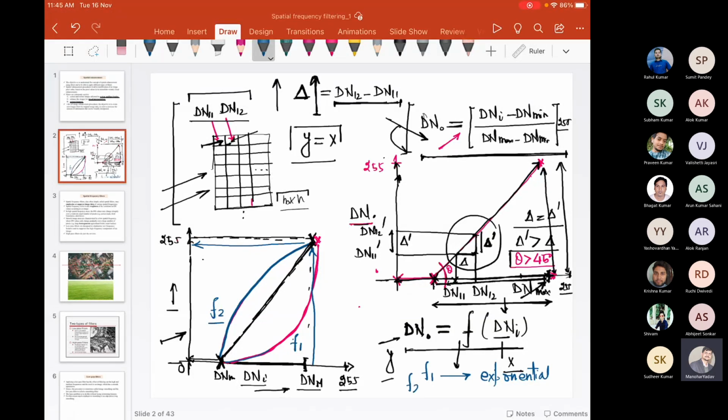Who will tell me? F2 will be, how you plot y is equal to log x.